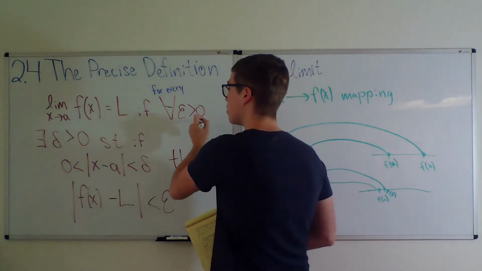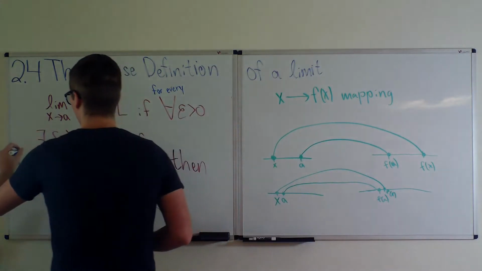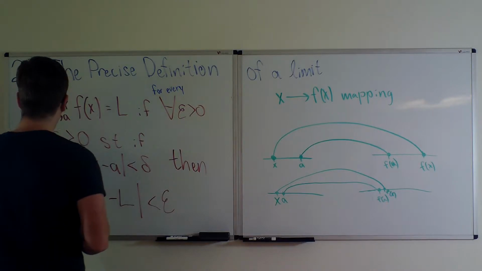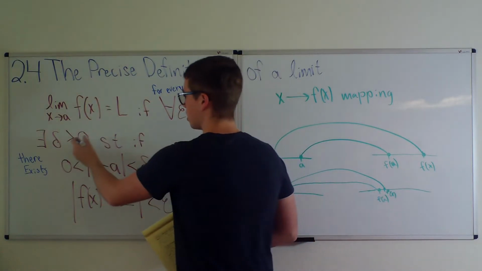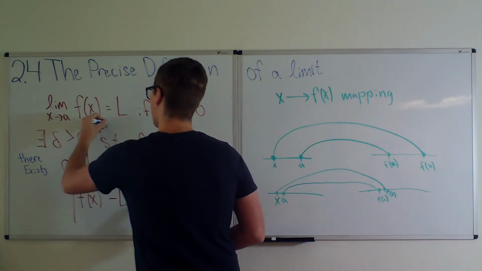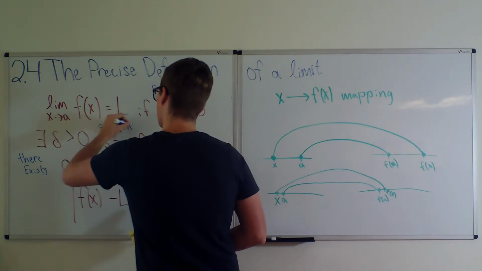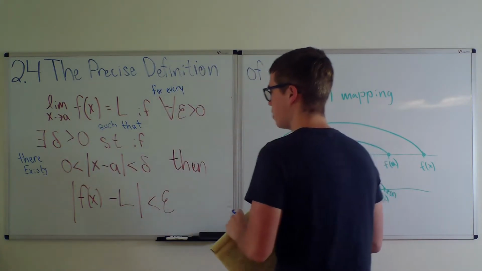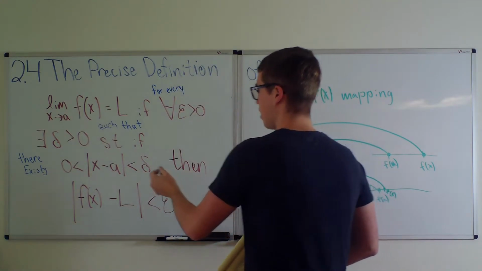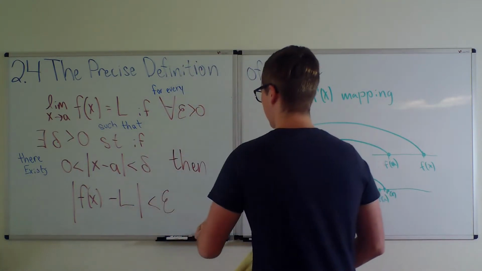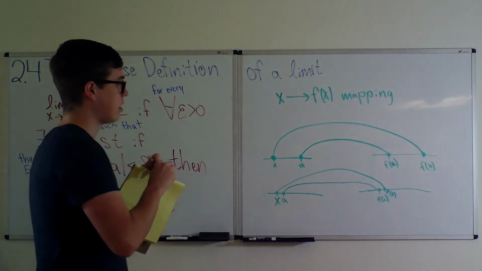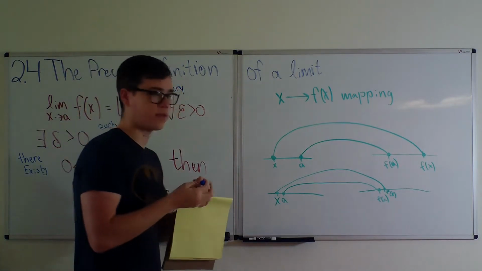For every epsilon greater than 0, this backwards E means there exists a delta greater than 0 such that if the absolute value of x minus a is less than delta, then the absolute value of f of x minus L is less than or equal to epsilon.